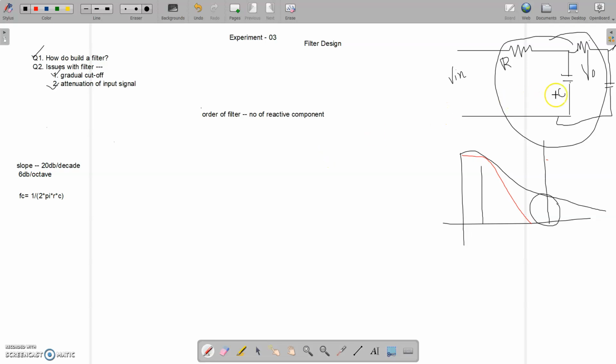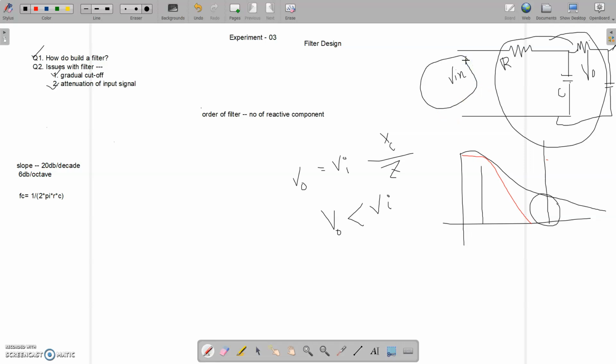Previously I showed you that my output signal, that is my amplitude, is V input multiplied by my reactance divided by my total impedance of the network. So you can automatically guess that V output is always less than my V input, the input signal that we are feeding.